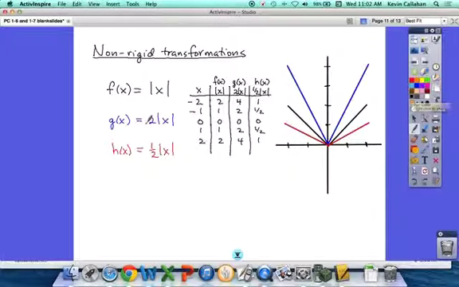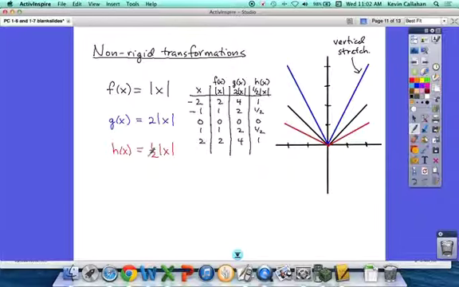So when you multiply by a number which is bigger than 1, it's going to stretch the graph. It's going to make it go up faster. That's what's going on here, right? So this is a vertical stretch.